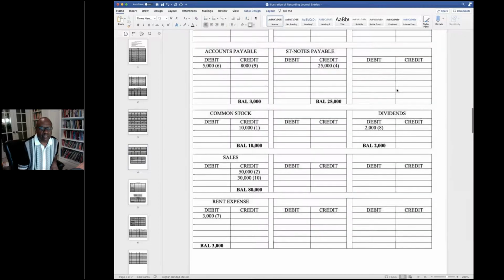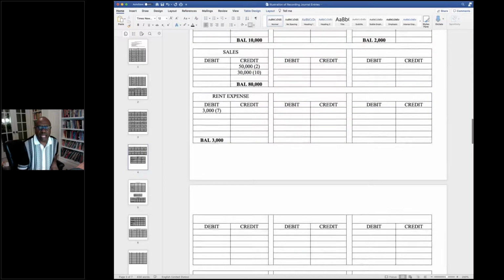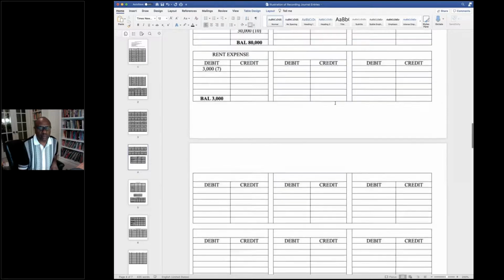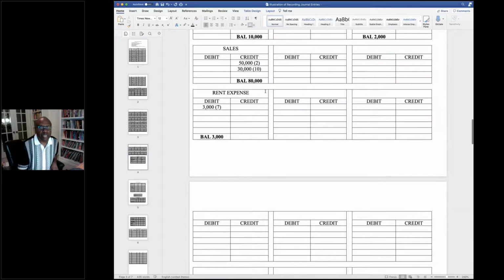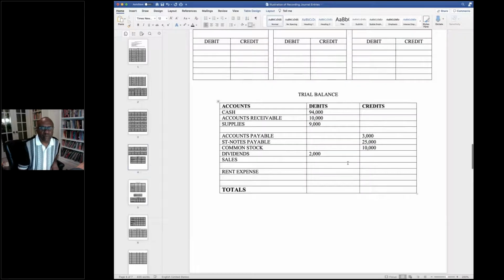We pick up our stockholders' equity accounts. Common stock has a credit of 10,000. So we put the 10,000 here. Dividends has a debit of 2,000. So we need to put the dividends debit here. Sales has a credit of 80,000. So we put the 80,000 here.